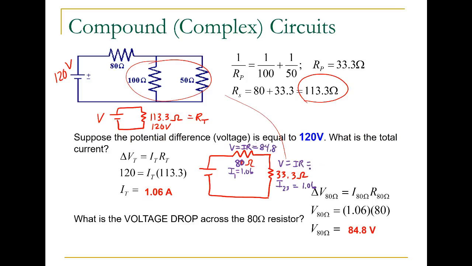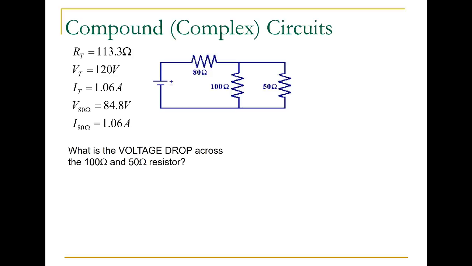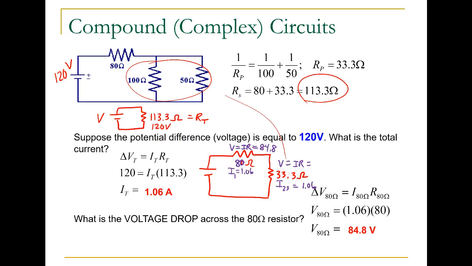And likewise, you can calculate 1.06 times 33.3, whoops, let's go back a second, sorry. That's going to be roughly about 35.2 volts.